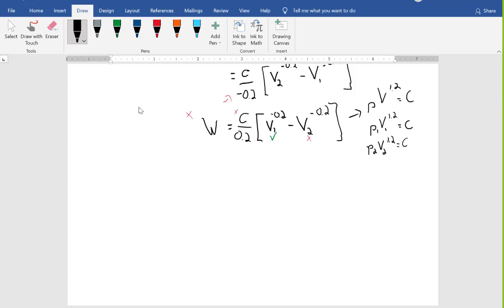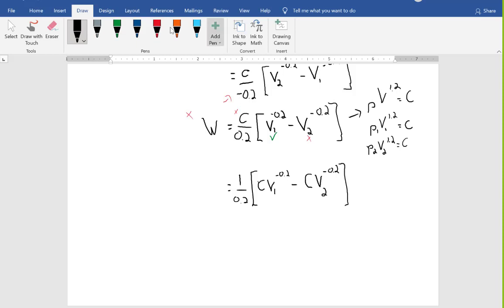I'm going to try to find the constant first, but not as a number. I'm going to try to find it as variables. And actually, I'm never really going to find it, I'm just going to multiply it in. So here I've got 1 over 0.2 times this constant times V1 to the negative 0.2, minus this same constant times V2 to the negative 0.2.